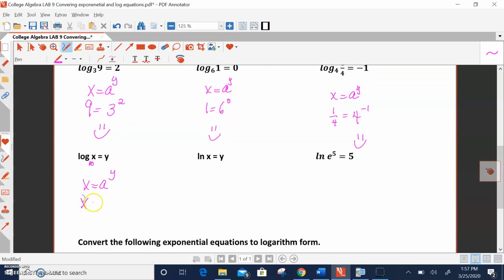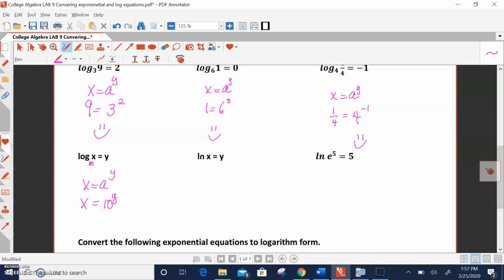So I'll have x equal, what's in the a position, or the base? It's that understood 10. And y is on the y side, so there's really nothing more than just rearranging these terms. So x equal a to the y is x equal 10 to the y. That's all. Nothing else to do with it.